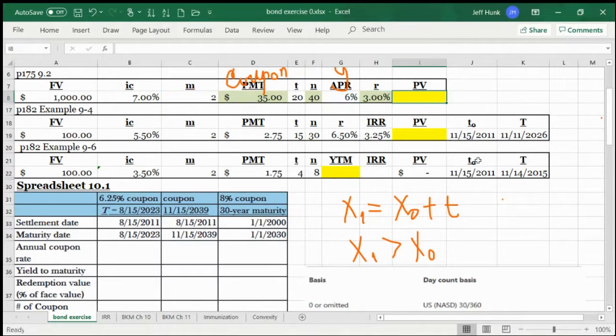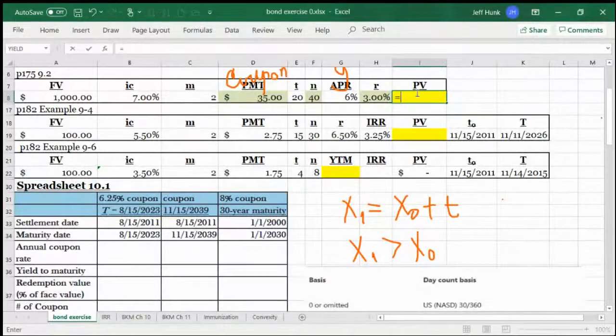And then this is the present value of that bond that pays $35 every 6 months, and will eventually end up paying $1,000 20 years later.